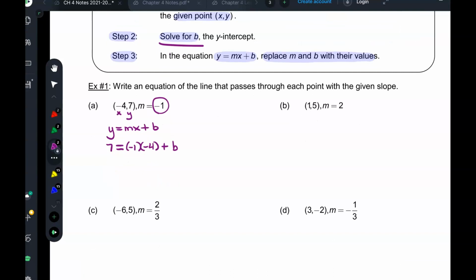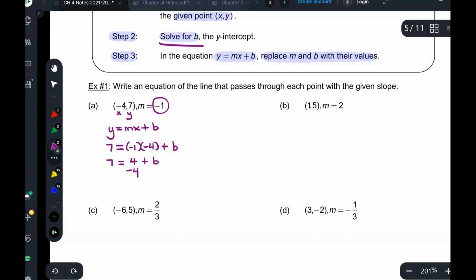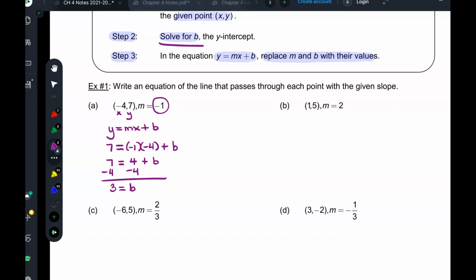Okay, so step 2, that's what I'm going to do. I'm going to solve. So 7 equals negative 1 times negative 4, which is positive 4, plus b. Subtract 4 from both sides, and I get 3 equals b. Okay, that was step 2. Now, step 3, our last piece, well, what do we want to do?